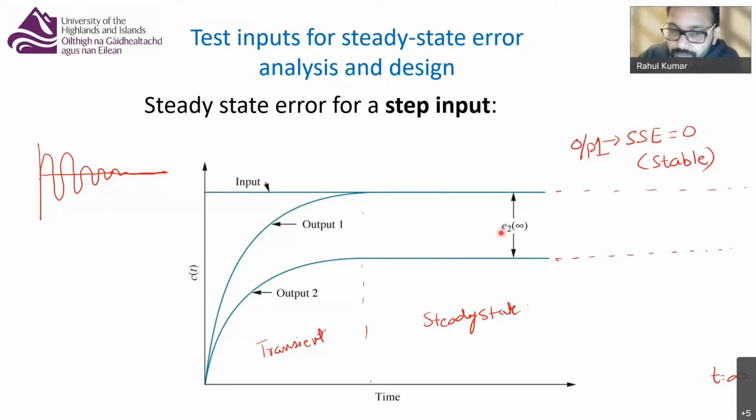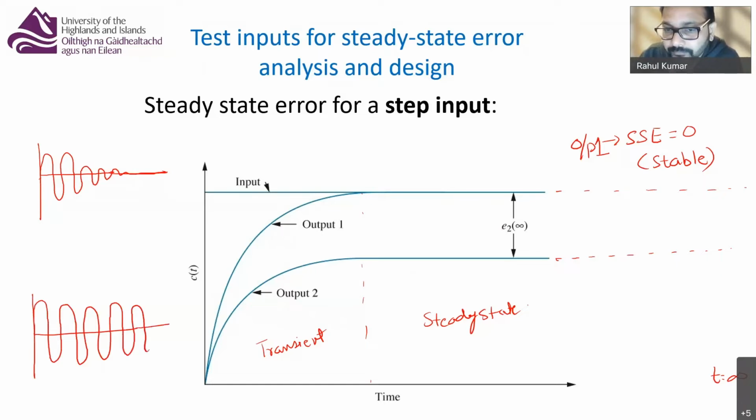Okay, so if I relate back to the marginally stable case, I had fixed acceleration around the fixed value. That means my error was neither reducing nor increasing. It was stable, it was constant.